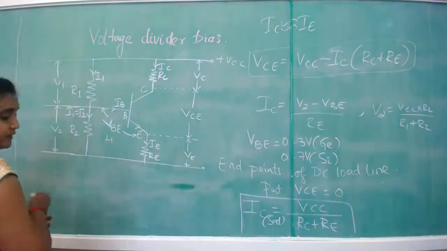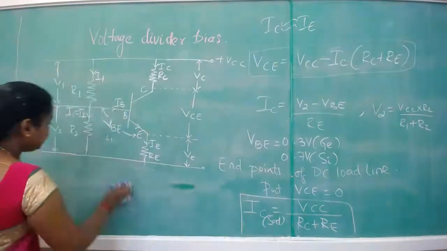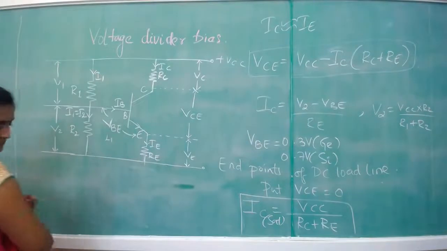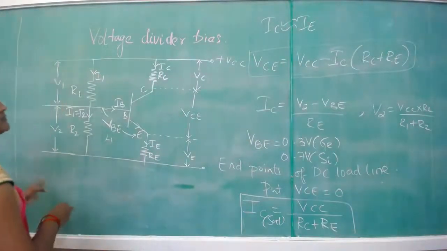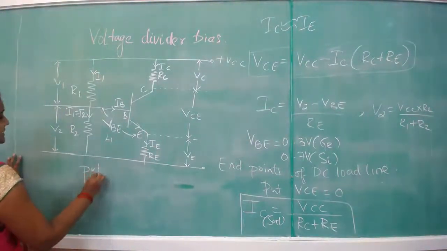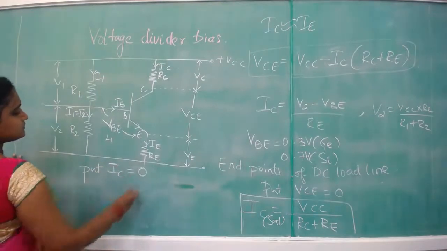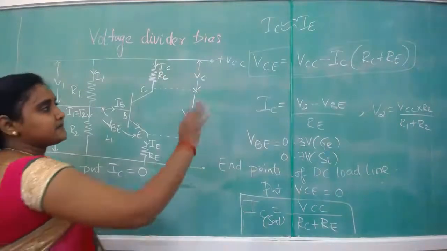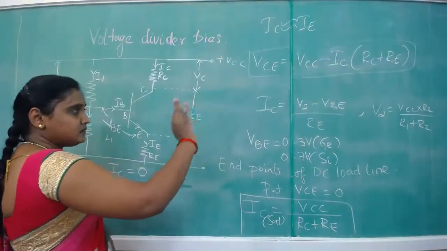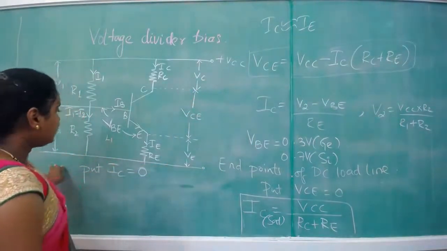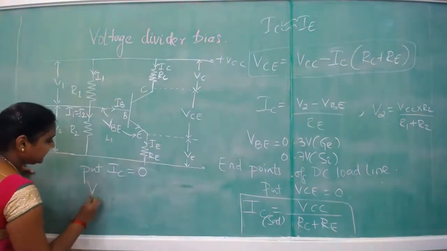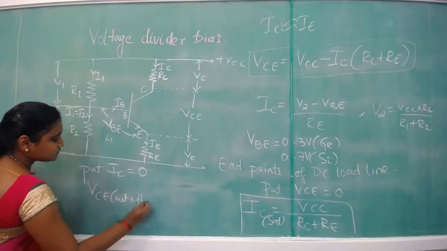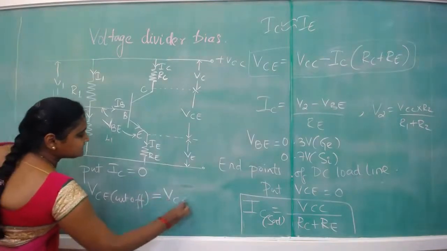For the other end point of the DC load line, what we require here? We put IC equal to 0. So what happens? The entire term IC into RC plus RE will disappear from the expression. So what we get directly is VCE cutoff value equal to VCC.